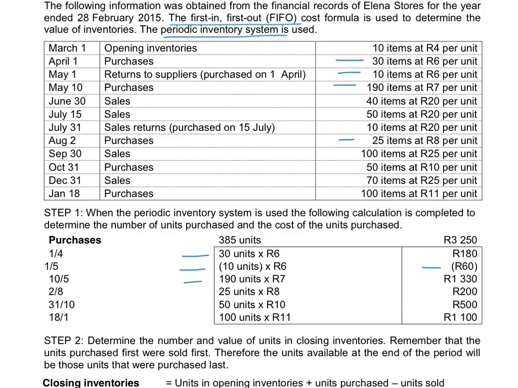And 25 units were purchased at 8 Rand, 50 items at 10 Rand, and 100 items at 11 Rand. So I can add all these units together, and the total number of units purchased during the year was 385 units.